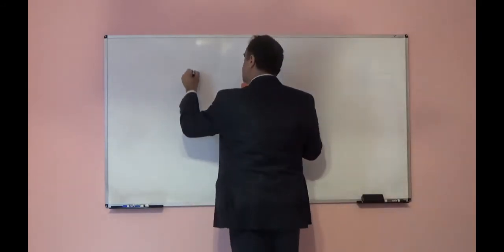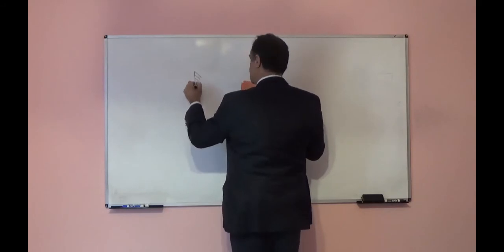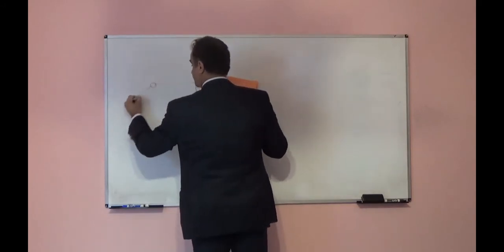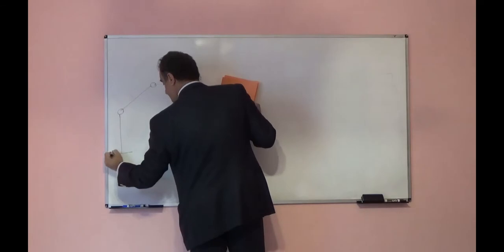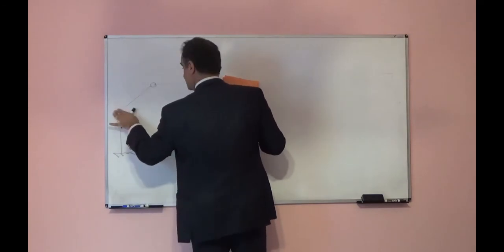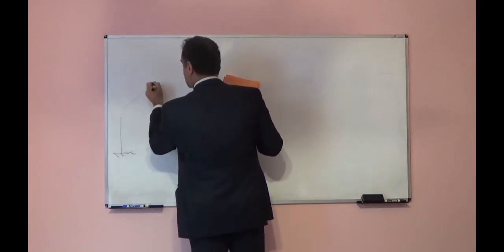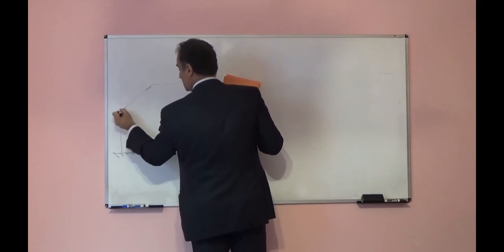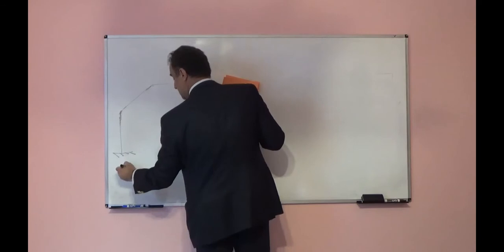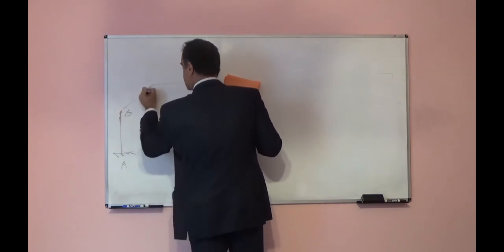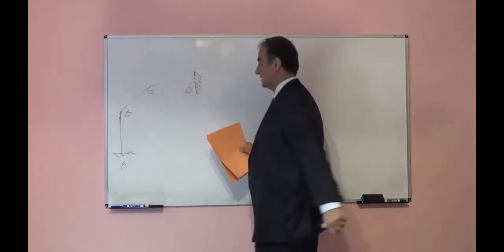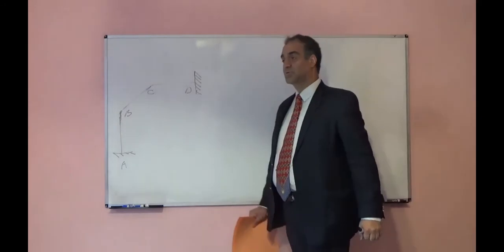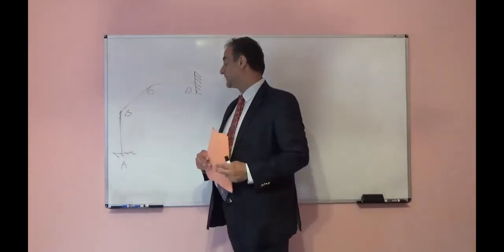Let's look at this frame. A, B, C, D. Again, we have 4 nodes, 2 of them are fixed.